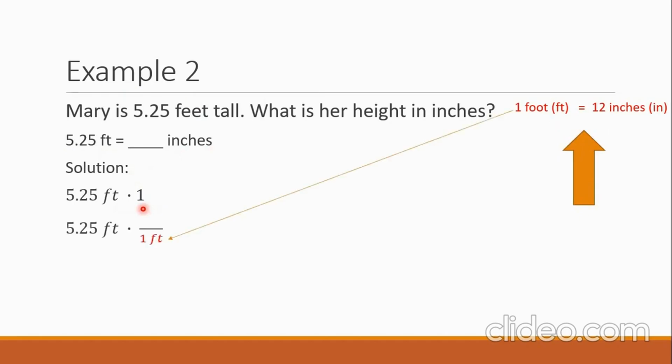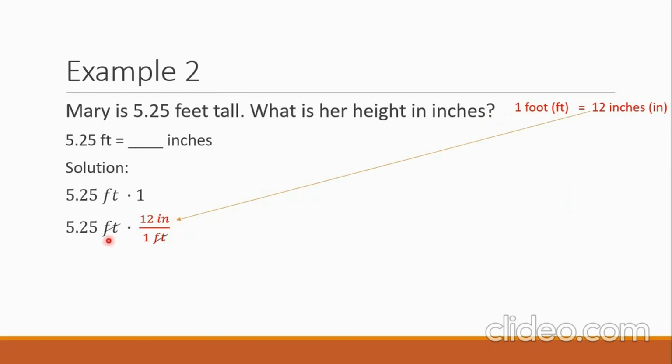So for the fraction, I'm going to use this equation here. Since I want to delete the feet unit, I should put this 1 foot first in the denominator, and then followed by the 12 inches in the numerator. So that, see, I can cancel the feet and the feet unit also down here.